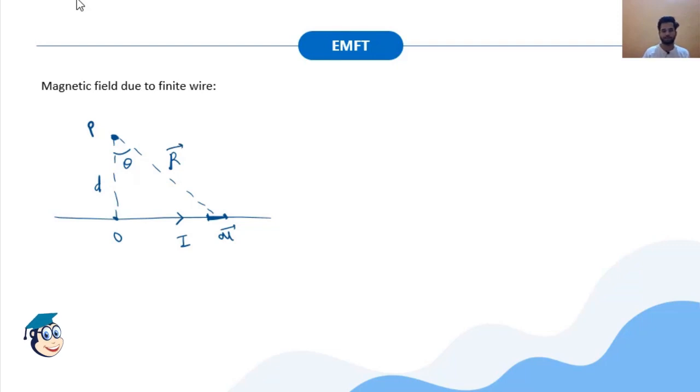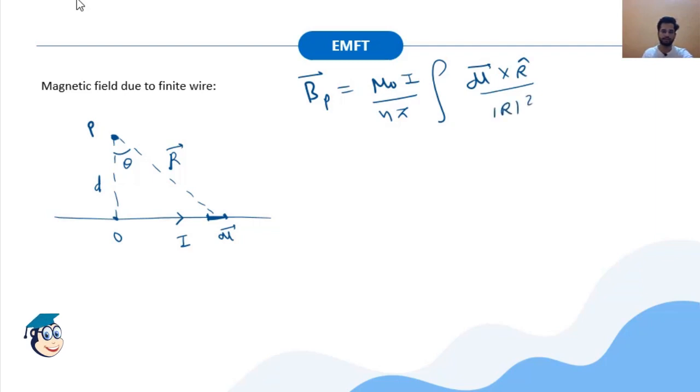Let's say this vector is r vector. Now what is the formula for calculating the magnetic field at P due to this wire? Using Biot-Savart's law, B at P is mu naught I over 4 pi line integral of dl cross r over mod r square.